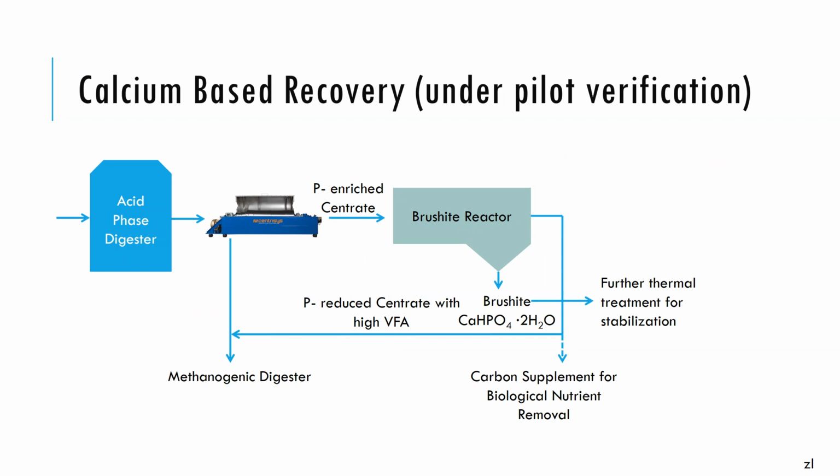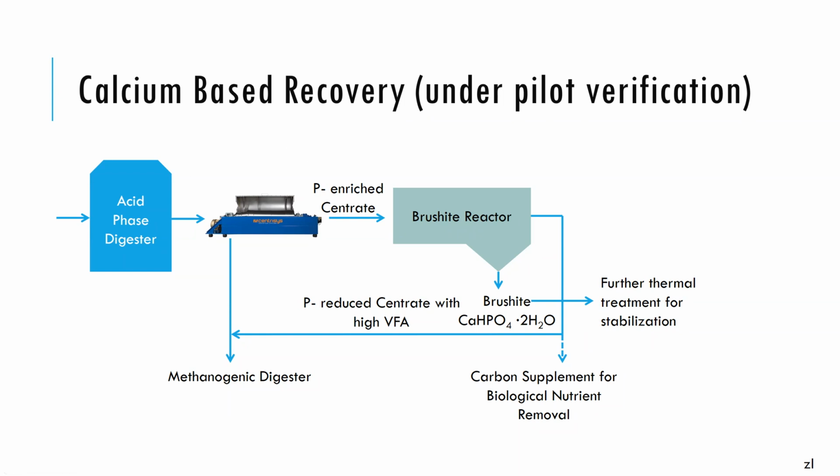This is one of the technologies that is under development by Centrisys and CMP, which is called Calprex. Essentially, it is a brushite reactor that takes in the P-enriched centrate from the acid phase digester and tries to recover brushite from the process.